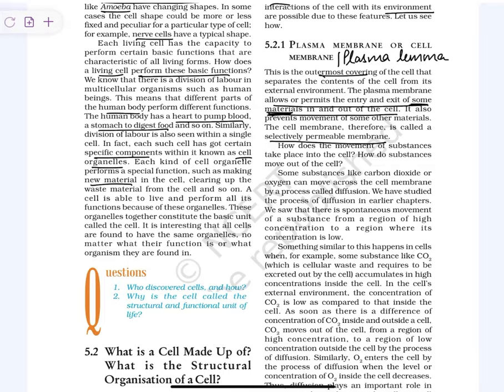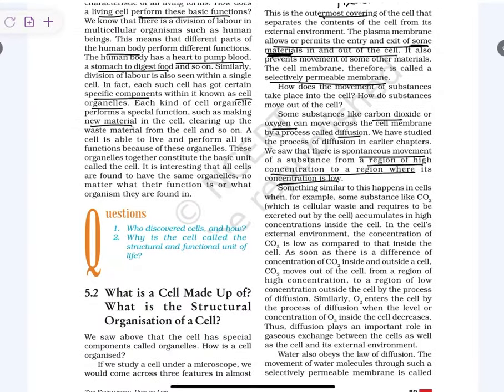Generally, molecules like carbon dioxide and oxygen can move across a cell membrane by the process called diffusion. And there is movement from region of high concentration to region of low concentration in this case. So here we can take the example of diffusion. Substances like CO2 are cellular waste and need to be excreted out of the cell.